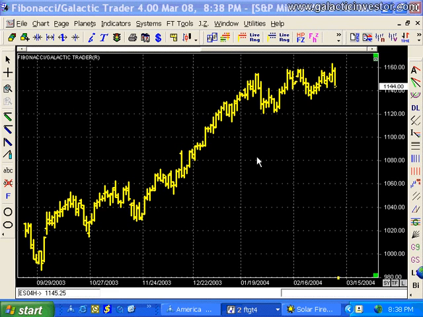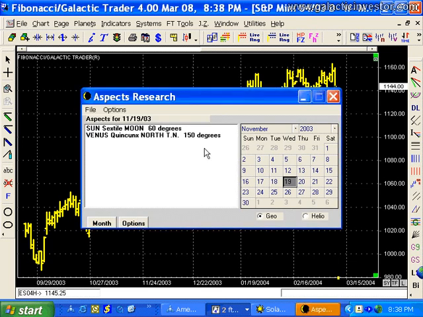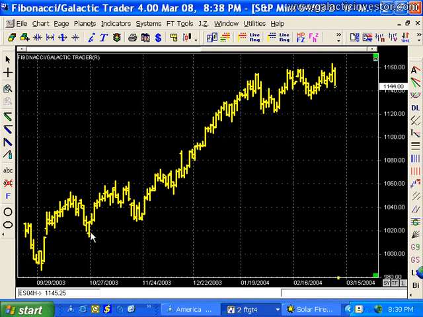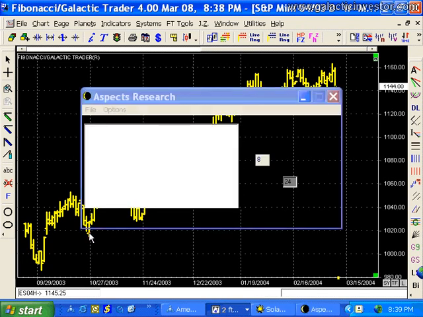And this is the key of getting skilled at doing this, is to take historical data and simply click on any high or low. Click on any high or low and put in your planetary lines based on the aspects. For example, here's Mars opposed Jupiter. Click on this one.